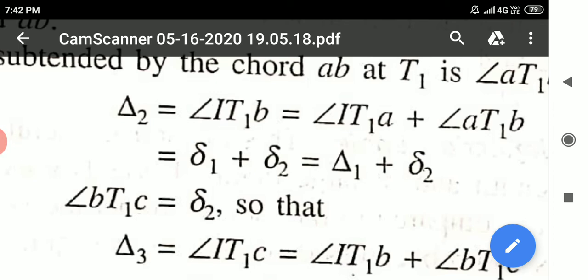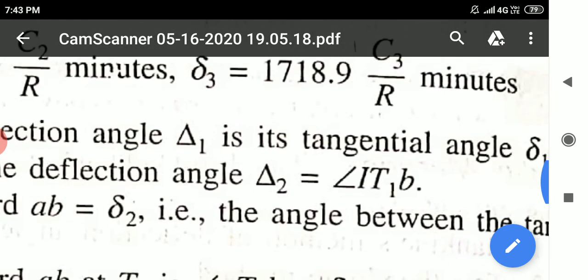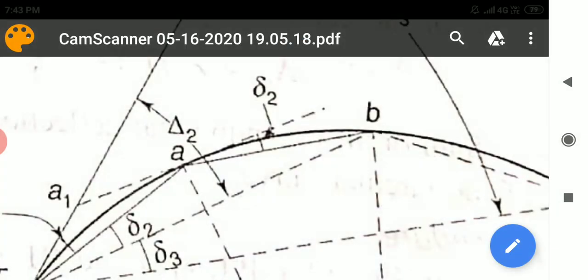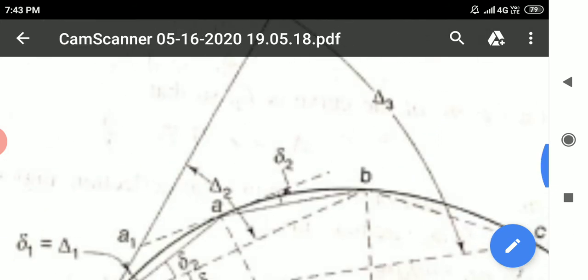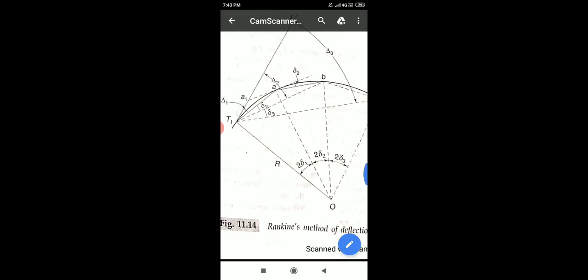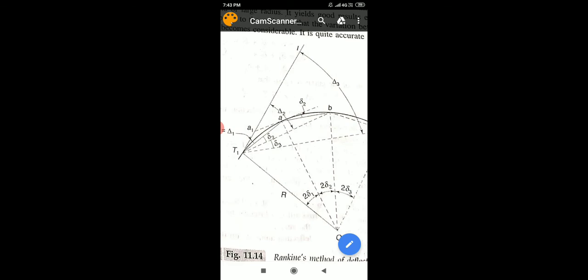Next I have to calculate the total deflection. Delta 1 is the tangential angle, and delta 2 is the angle between the tangent at T1 and point B. Delta 2 is nothing but the angle IT1A plus the angle AT1B, so this one plus this one is delta 2.